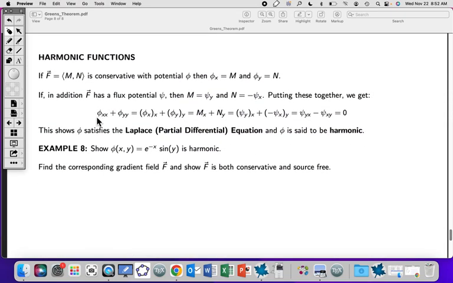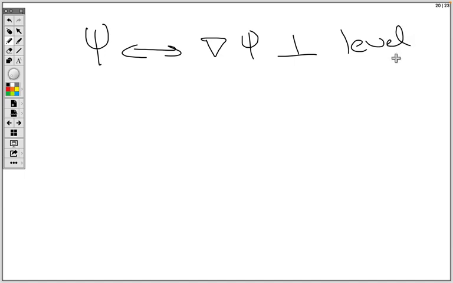All right. Now, why are these things called stream functions? Well, there's a couple things at play here. Remember, if you have a scalar function psi, the gradient of psi is orthogonal to the level curve. Right?